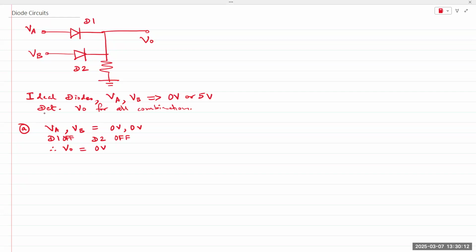Then you just redraw the circuit according to your assumptions, and determine what the output is. So let's look at VA and VB as 0 volts and 5 volts. Write it down and let me know what the state is.